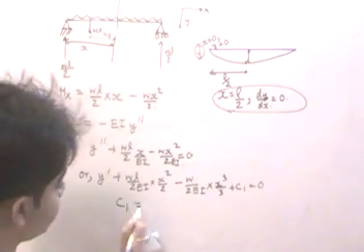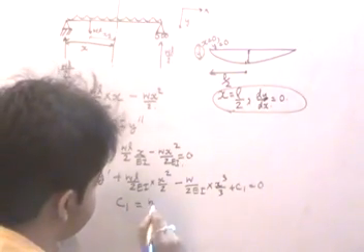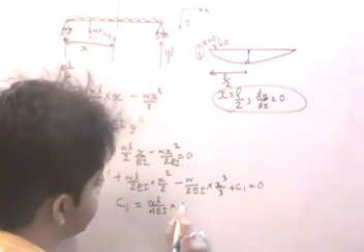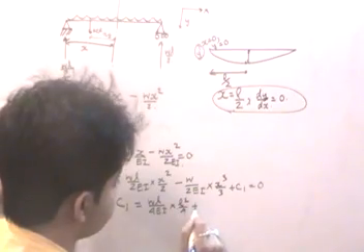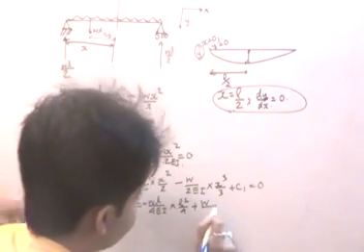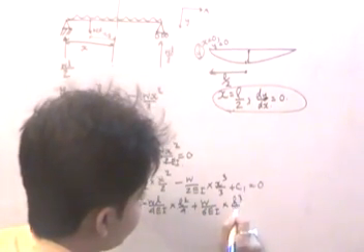We can write C1 as WL by 4 EI into L square by 4, minus, I'm sorry, this will be minus and this will be plus, W by 6 EI into L cube by 8.